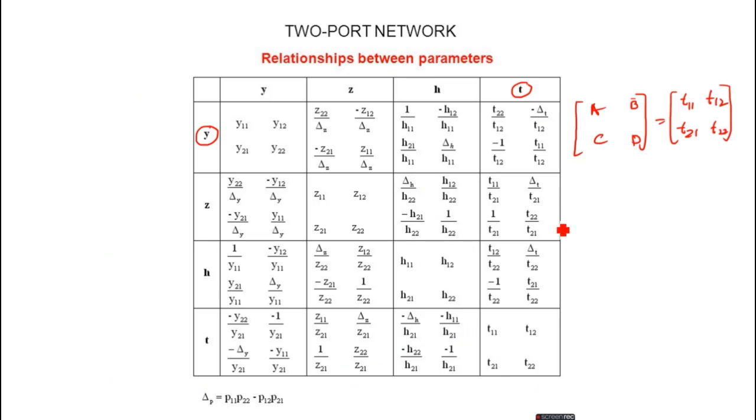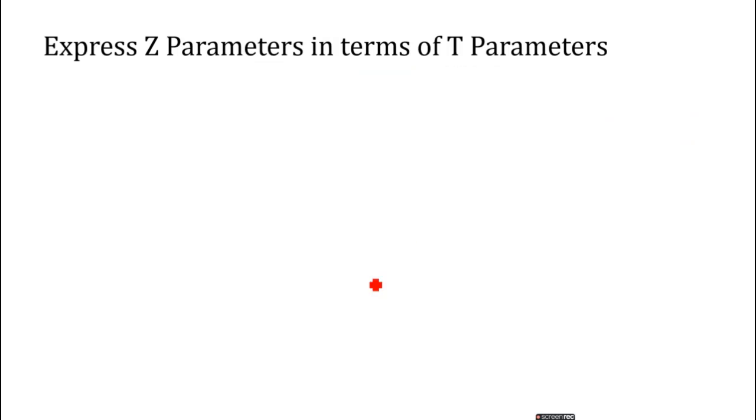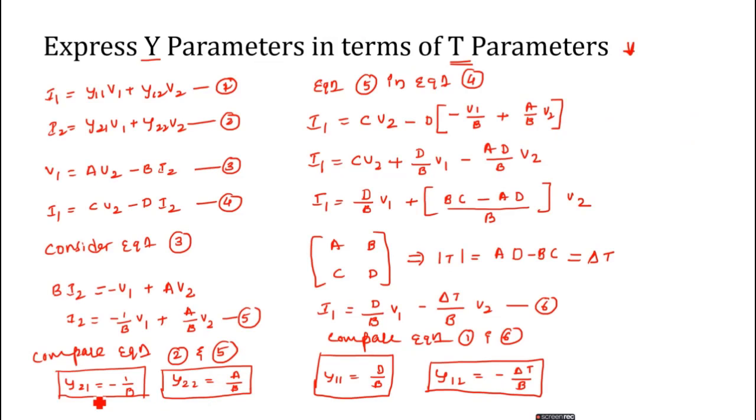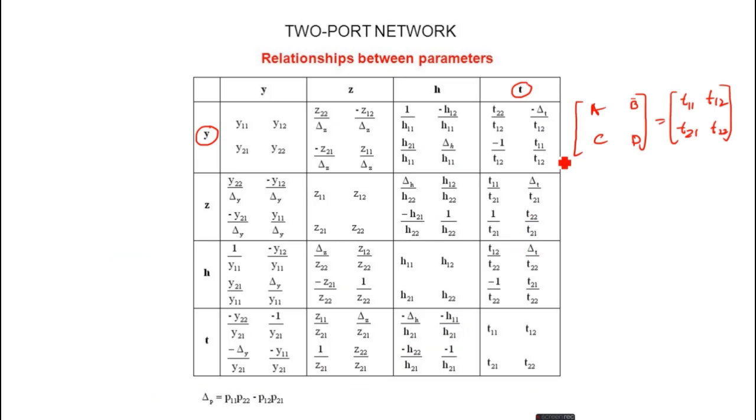Y21 is minus 1 divided by t12. T12 means what here? Again b. Minus 1 by b. Yeah, it is there. Y22 is a by b. T11 is a, T12 is b, so that it is nothing but a by b, right? So the y parameters can be written in terms of t parameters using these values.